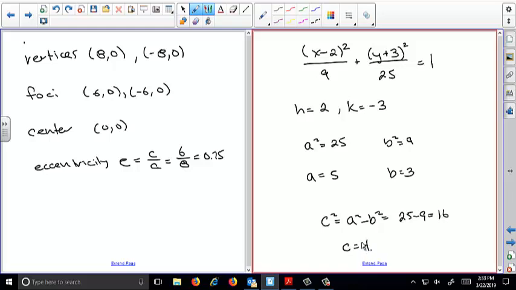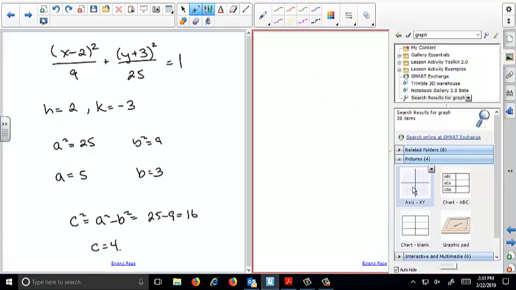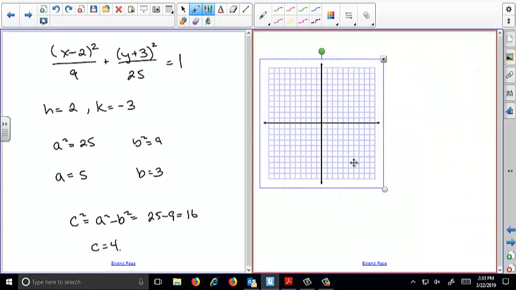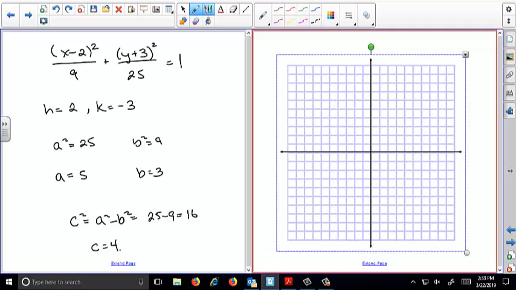So now with the center and a, b, and c, we can sketch the ellipse. So now we're going to plot the center, which is not the origin. I keep forgetting to put my scales on here. I guess it's default. If you don't see any scales, it's 1 unit.